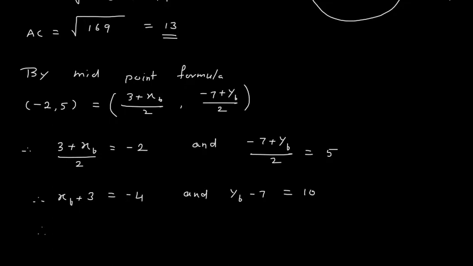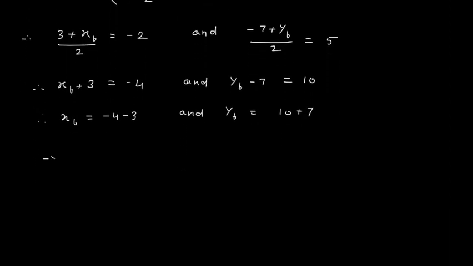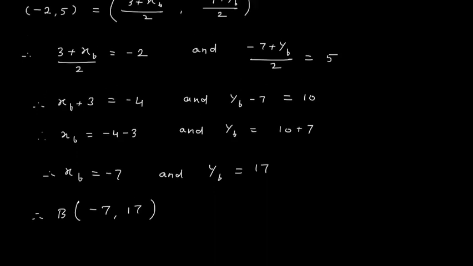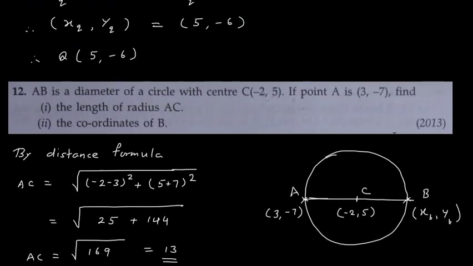So here I have xb equal to minus 4 minus 3, and yb equal to 10 plus 7. So therefore xb is minus 7 and yb is 17. So the coordinate of point B is (-7, 17). Done. This is the coordinate of point B.